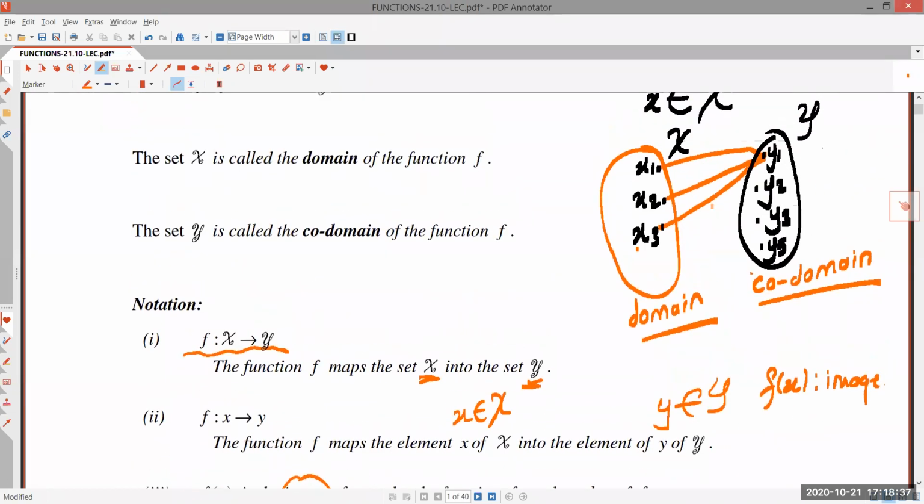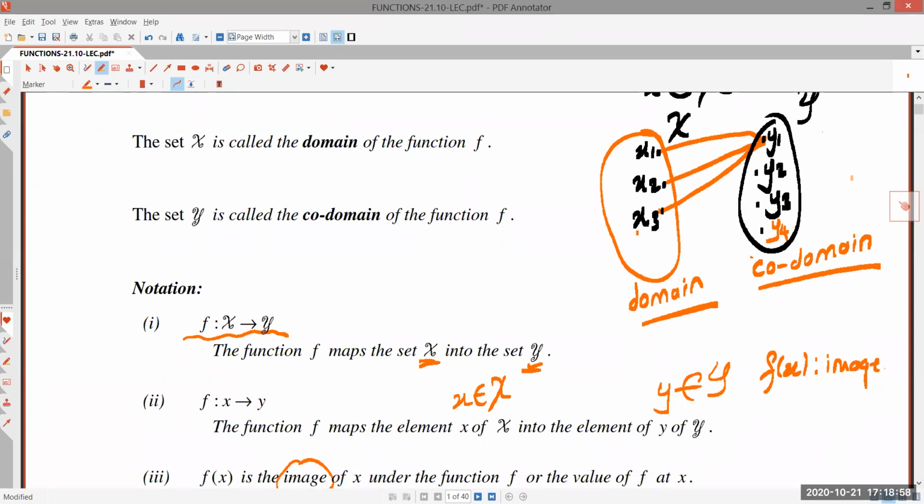This is the codomain, okay? For example, y2, y3 here, maybe I should write it as y4 because it follows some kind of numbering. Can we say that some elements of the codomain are not images of x's? Yes. Which elements are they in the codomain?